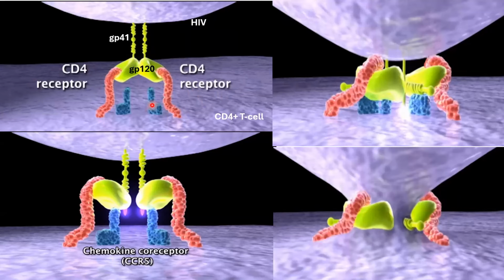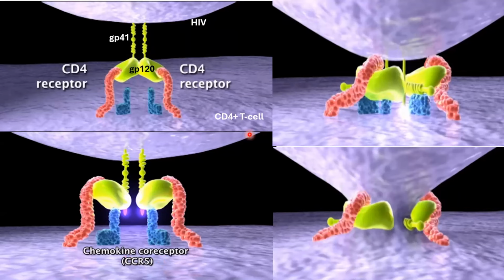So CCR5 and CD4 receptor. And there is a variant of this blue receptor, which is the CXCR4. Okay, so some HIV viruses, when they target the CD4 T helper cells, enter either using the CCR5 or the CXCR4. They work very similarly, but they're different receptors.